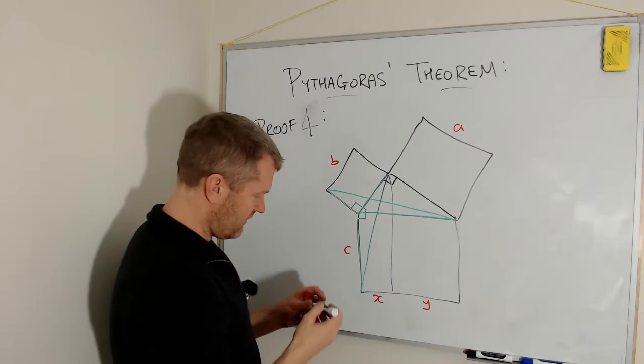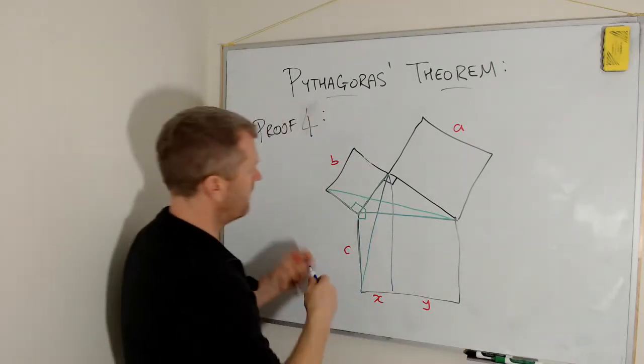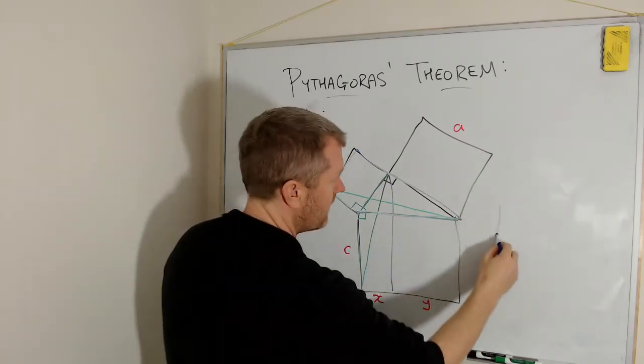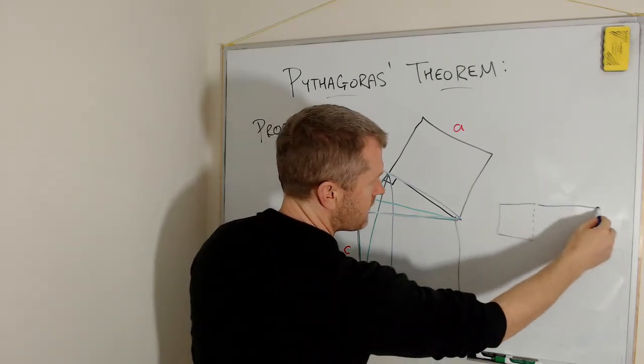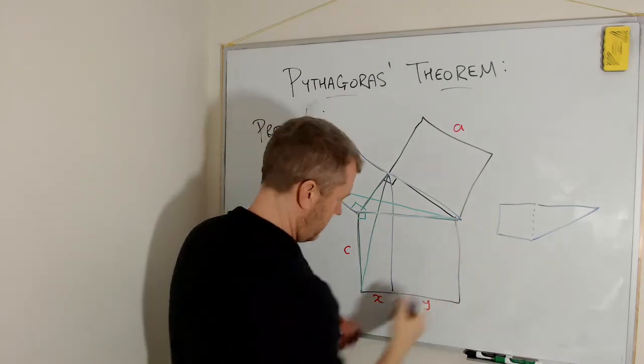Now what I want to do is look at this trapezium shape here. I'll draw it again up here, look. So we've got a square with b here and a triangle there. And then we've got this triangle within it like this. I'll draw it in green again.